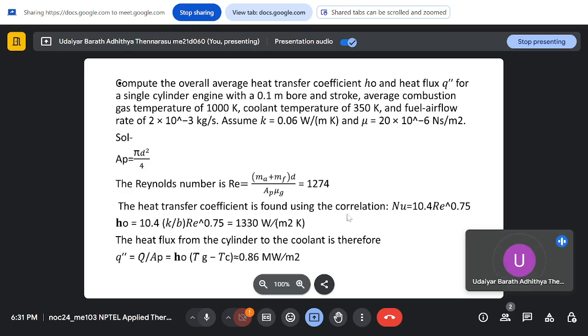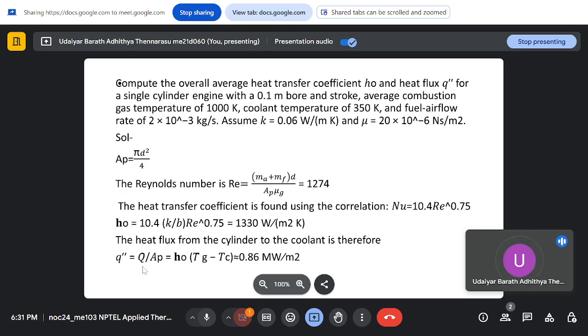So 10.4, k is given as 0.06, the diameter is known, and Reynolds number raised to 0.75. This gives you 1330 watt per meter square Kelvin. So this is the heat transfer coefficient.